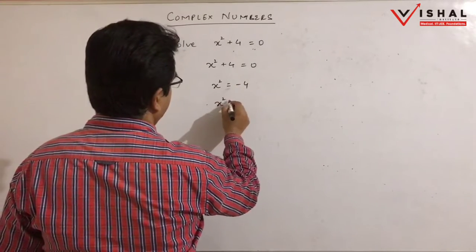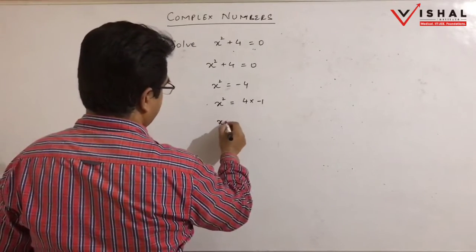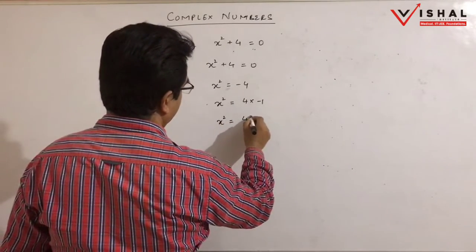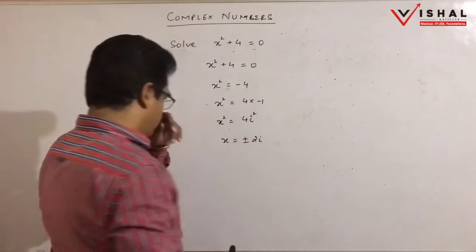So we can write x square is equal to 4 into -1. So x square is equal to -1 is iota square. So x will be equal to plus minus 2 iota.